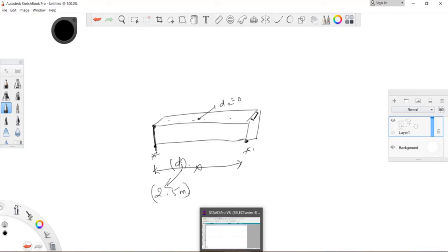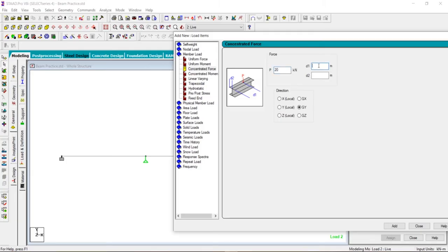So let us go to Staad Pro. D1 here is 2.5 meters because we want to apply the load at 2.5 meters from the face of this beam. The direction is GY, that is the global axis. This GY is positive in the upward direction, which means that this load will be applied in the upward direction, but we want the load to be applied in the downward direction.